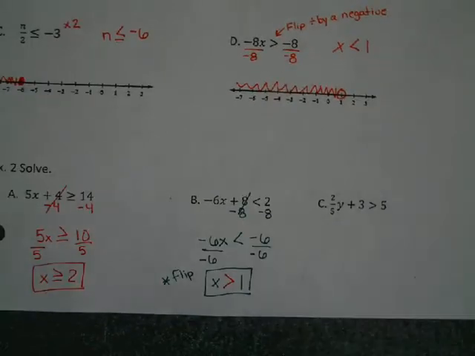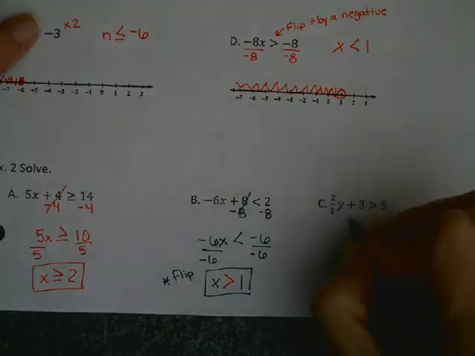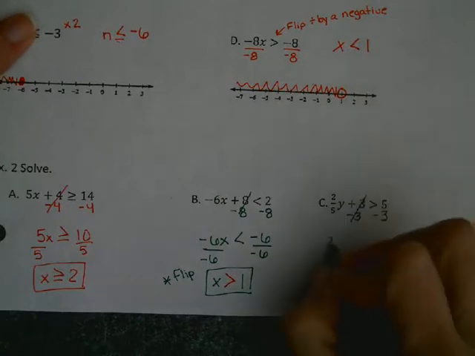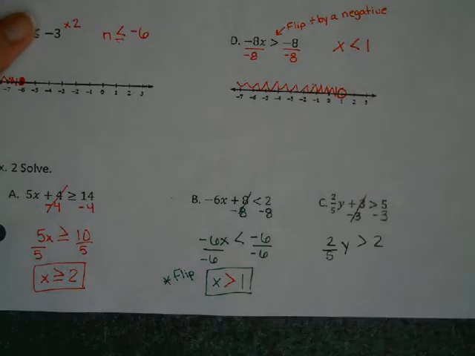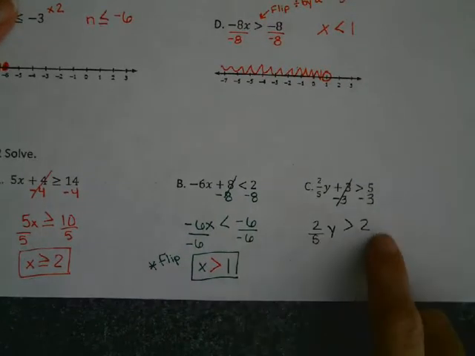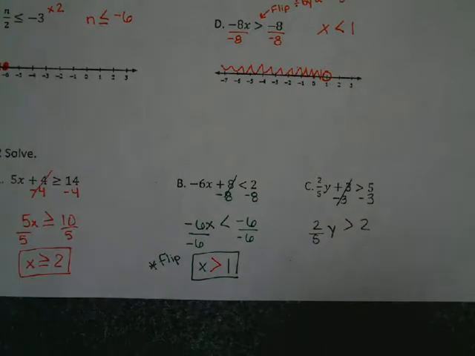Okay. Next one, we're going to subtract 3 to the other side. We have 2/5 y greater than 2. You can do this in one step if you just want to then divide both sides by 2/5. I always kind of do it in two steps because I don't like fractions.